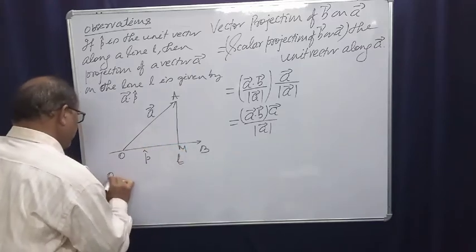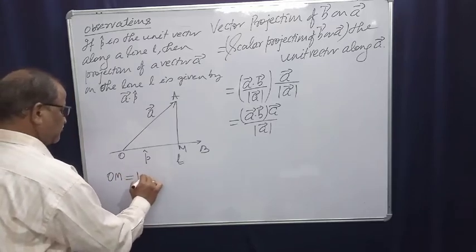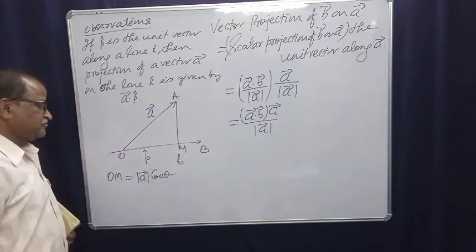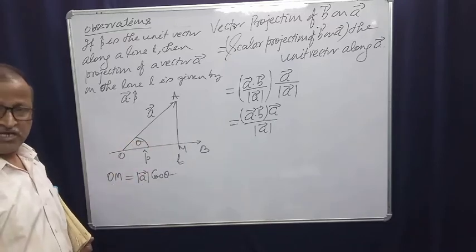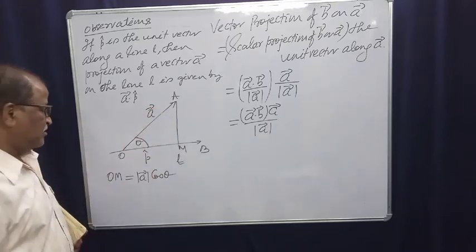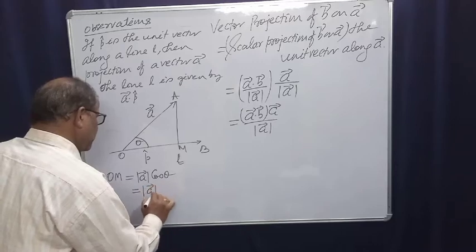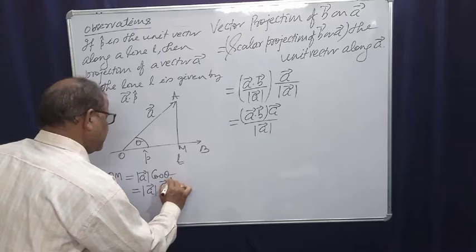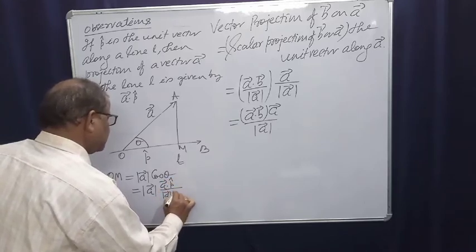So what is OM? OM is magnitude of A cos theta, where theta is the angle between them. Theta is the inclination between P cap and A. And what is cos theta? We have already observed cos theta. It is A dot P by magnitude of A into magnitude of P cap.